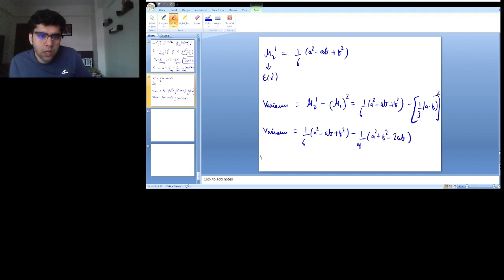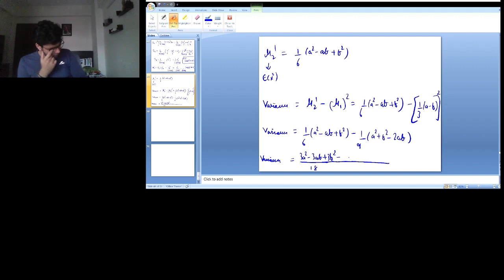Now 6 and 9, what can be my LCM? It will be 18, so multiplying the first term by 3, 3a square minus 3ab plus 3b square. Now 9 2s are 18 and 6 3s are 18, so I multiply the second by 2, which gives minus 2a square minus 2b square plus 4ab.